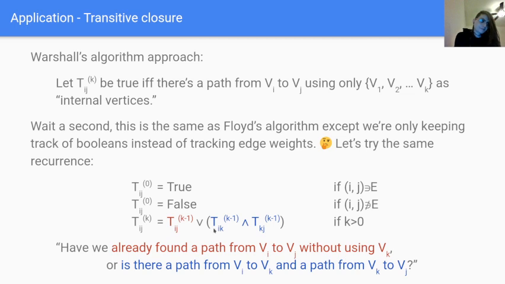So either we're able to get straight from i to j without using k, or we go through k to get to j. One of these cases or the other. If one of them is true, or if both are true, then overall it is true that we can get from i to j using the first k vertices as internal vertices. Those are two cases, red and blue.